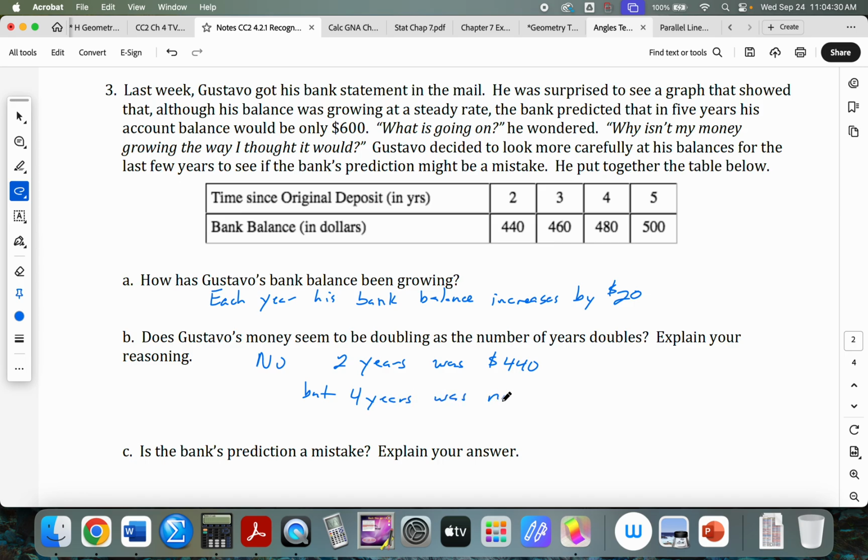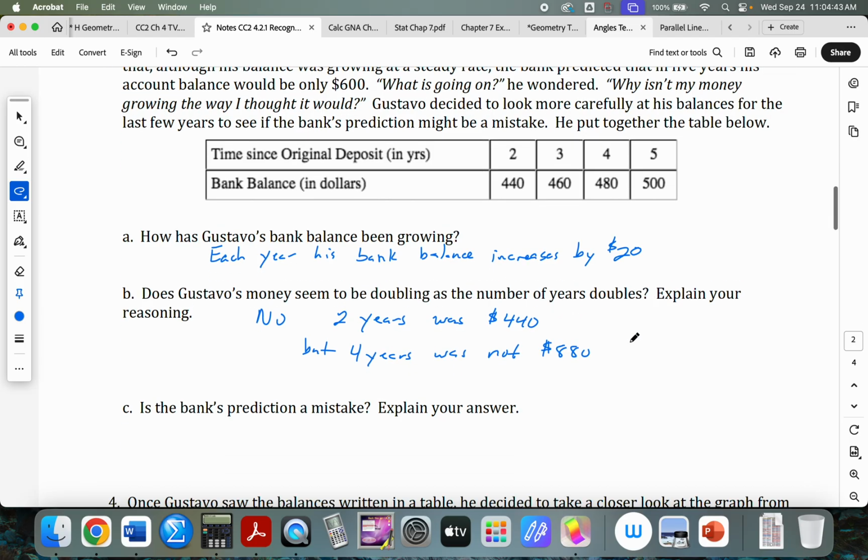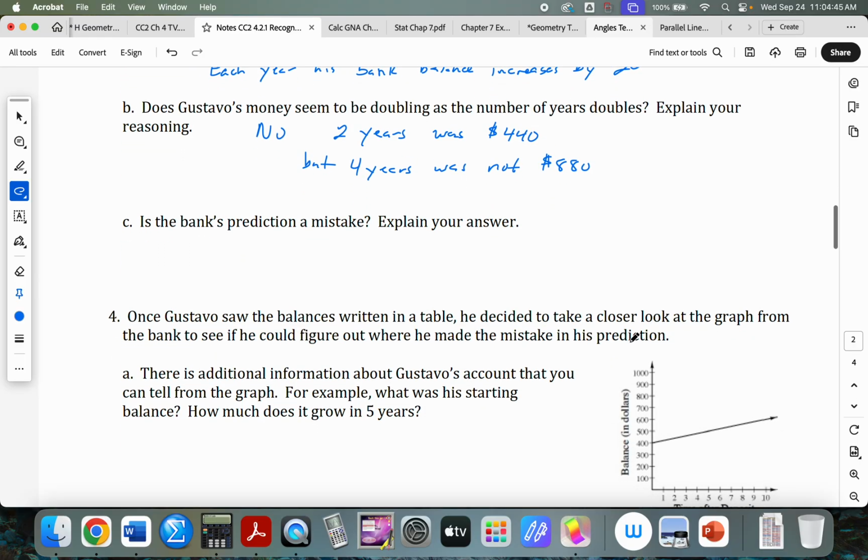What would it be if you expected it to double? $880. So is the bank's prediction a mistake? No. They simply pay $20 per year.